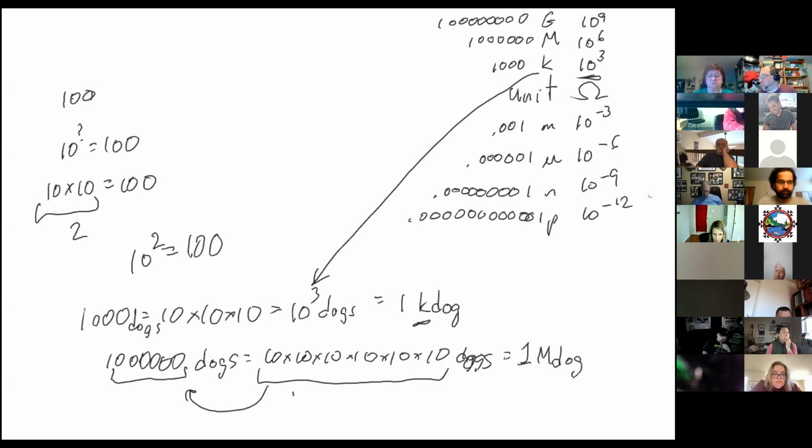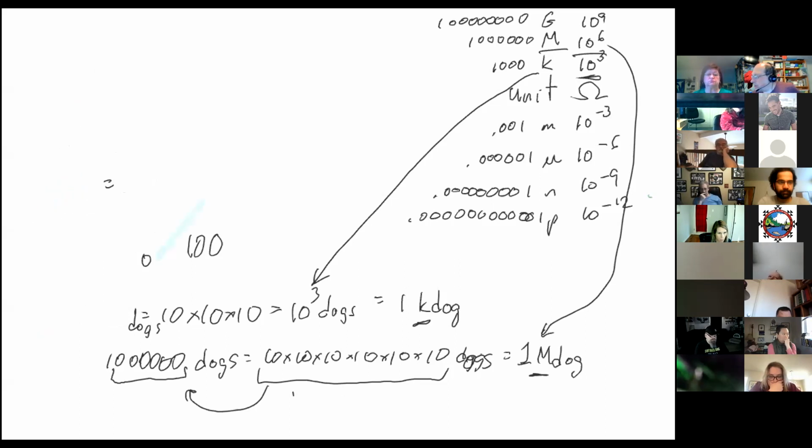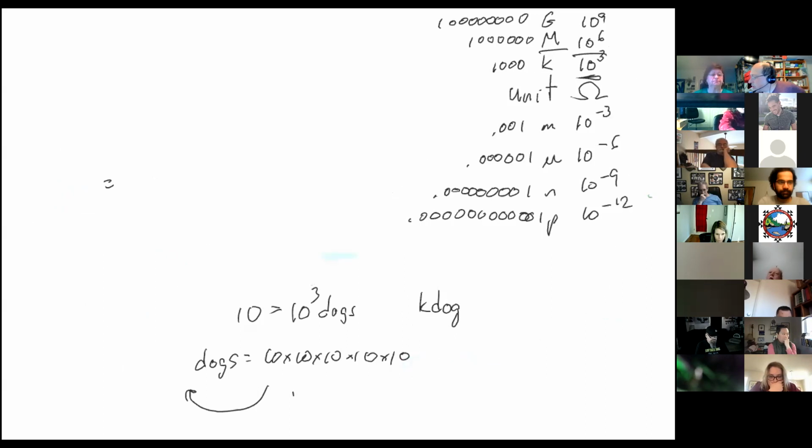It doesn't matter what the unit is. The key is just that we had 10 to the 6th power, and we could replace that with the big letter M. And the cool thing about this is that a lot of things do not have unit sizes of 1. That's just not convenient for a lot of things. For instance, let's say that we had a capacitor.